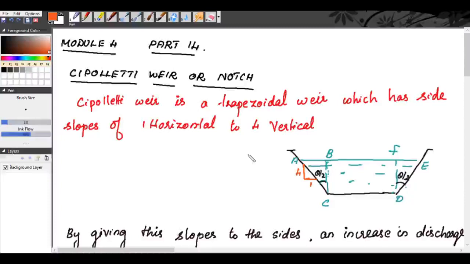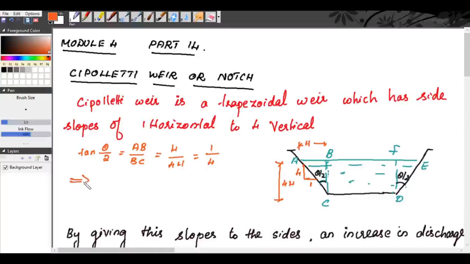Now, from this we can get tan theta by 2 is equal to AB by BC. You can take AB as H, so BC will be equal to 4H. So H by 4H we get 1 by 4.